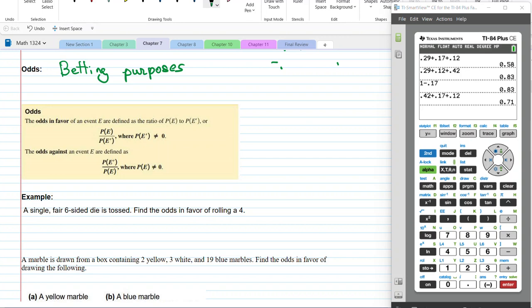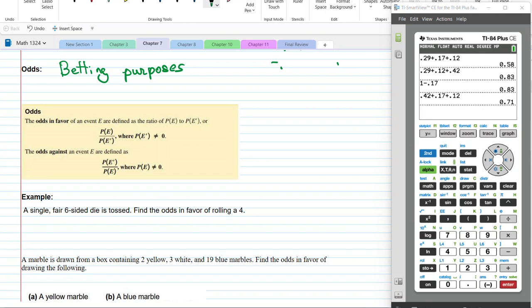And that is, if it's in favor of it, then it's the P of E over the P of not E. Okay, so what it is, the cardinality of the event and the cardinality of not the event, because the probabilities cancel each other out. Okay, so we can have it in favor of or against. Against means not winning, or whatever the condition may be for the study.